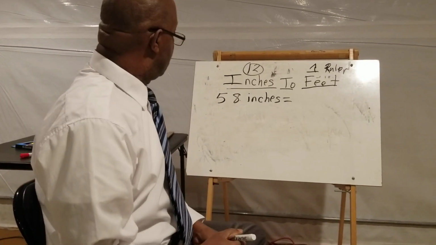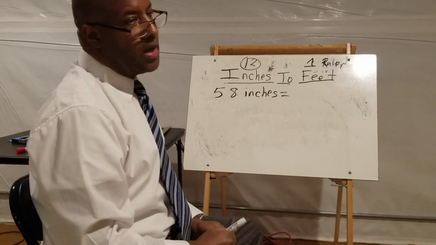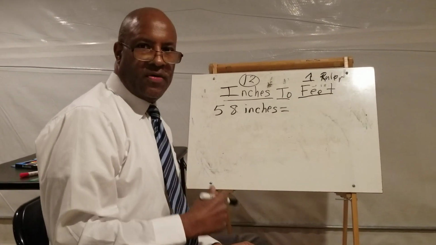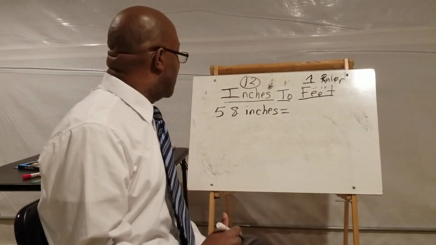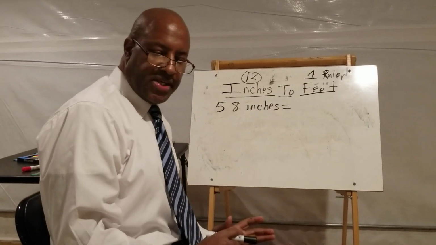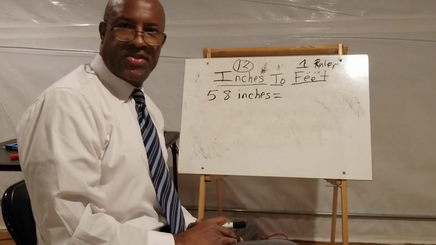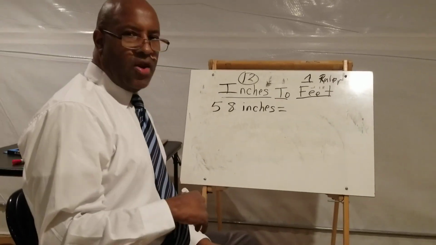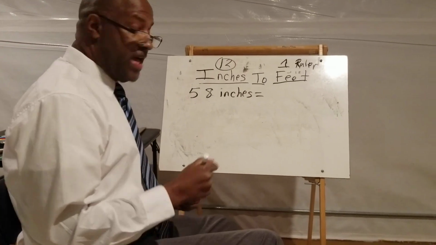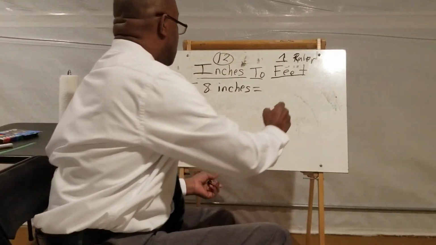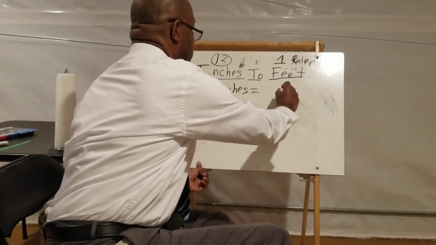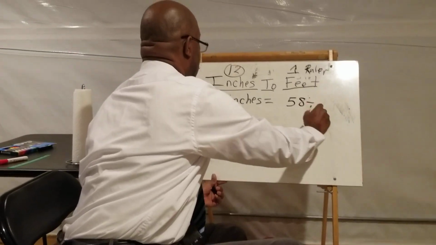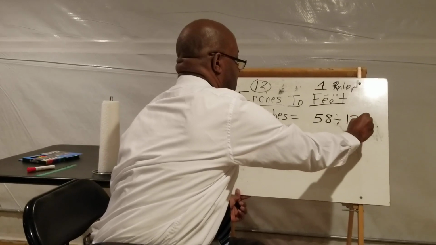Okay. Now, remember, let's pretend like this is your second, third, or fourth time doing one of these problems. And once again, I've already said there's more than one way to skin a cat. So some of you may say, okay, I don't want to keep subtracting like that, but we are going to do it that way. Some may say 58 divided by 12.